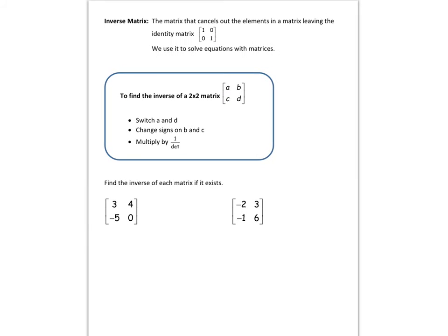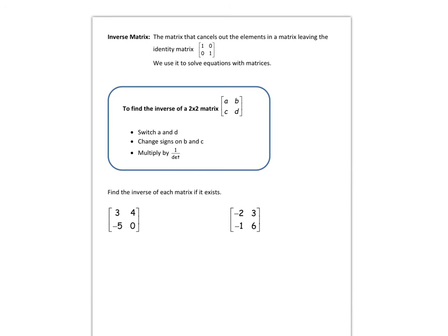Alrighty, an inverse matrix. An inverse matrix is necessary to solving systems of equations. The inverse matrix is a way to cancel out the elements in a matrix, leaving just 1, 0, 0, 1. If you think about how multiplication works, and the variables are right next to them, then 1 would go with the x, 0 would go with the y, so that would just mean x.